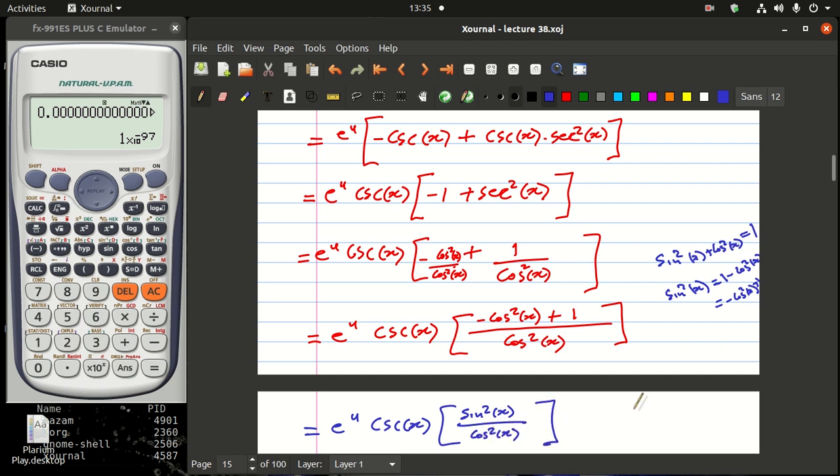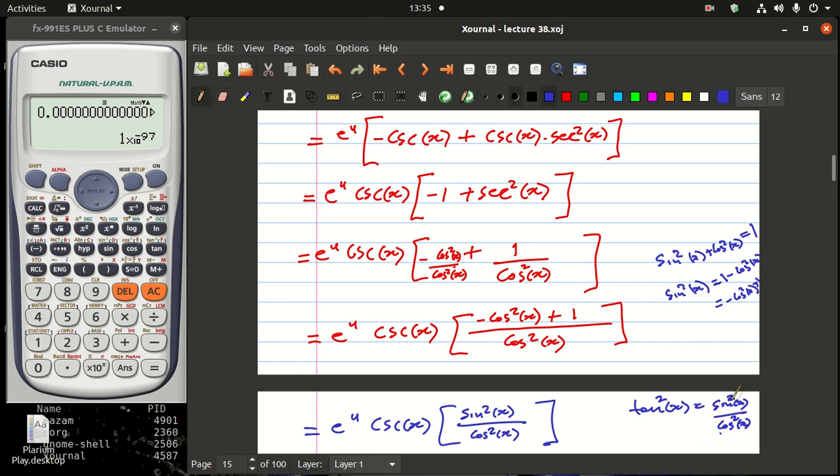And you know that tan of x is the same as sine of x divided by cosine of x, which means that if I'm squaring this whole thing here, it is the same as just squaring sine and squaring cos in the denominator.